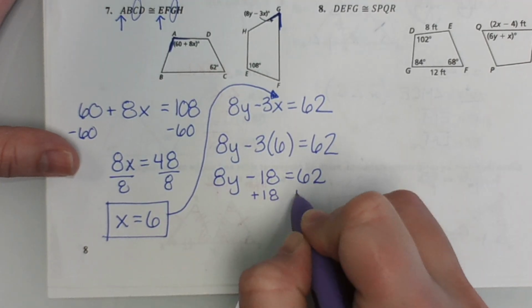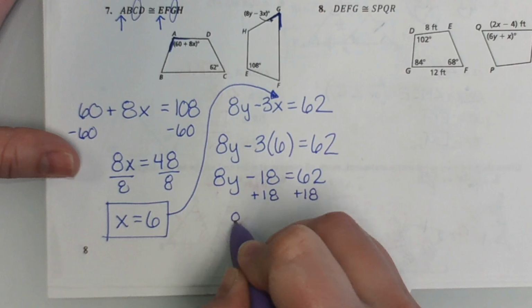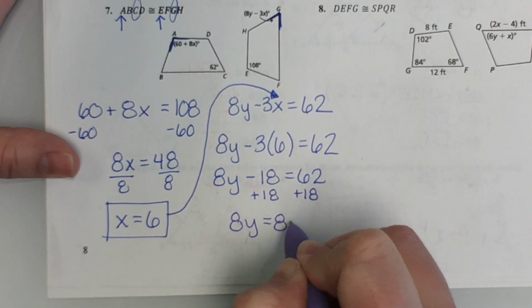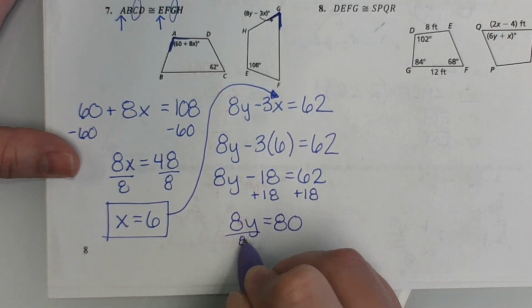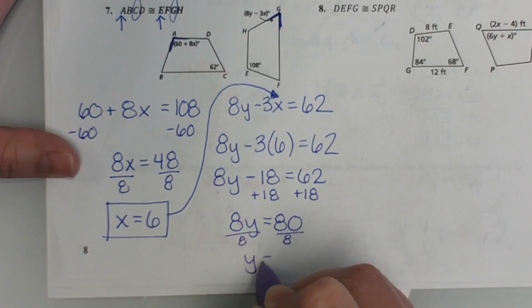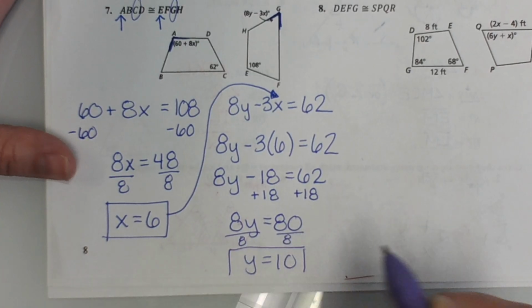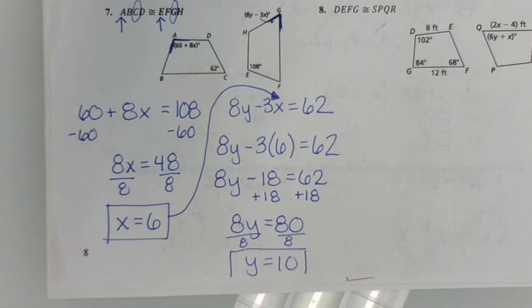Add 18, 8y is equal to 80. Divide by 8 and y is 10. It's matching up your corresponding parts to make the equation.